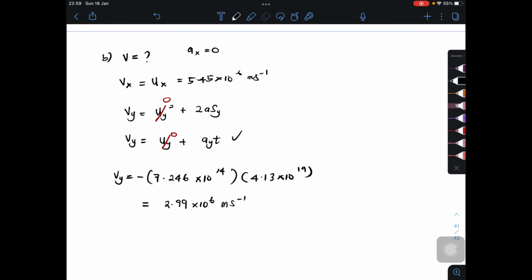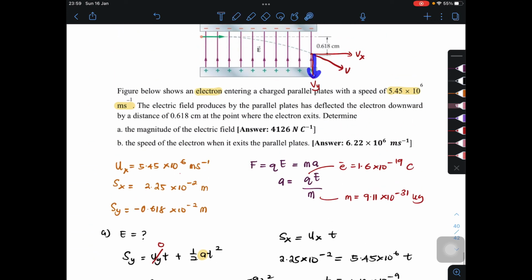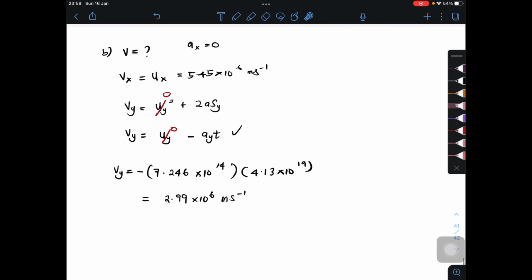Because obviously from this diagram, Vy is going downward. So kamu akan dapat negative, Vx akan jadi positive because it's going to the right. So Vy akan jadi negative 2.99 exponent 6. Okay, let me double check first. Okay, sorry, this one here should be 9 only, not 19. Negative 9, sorry.